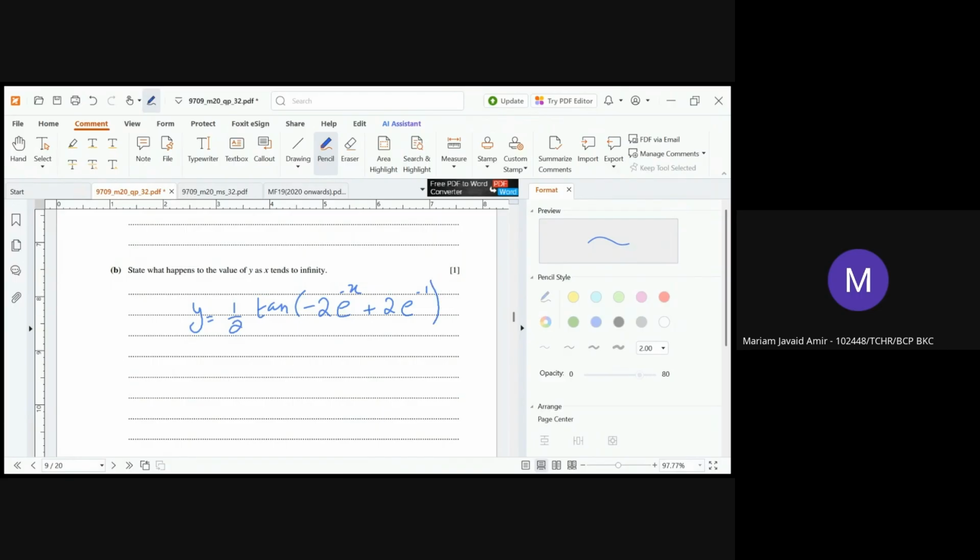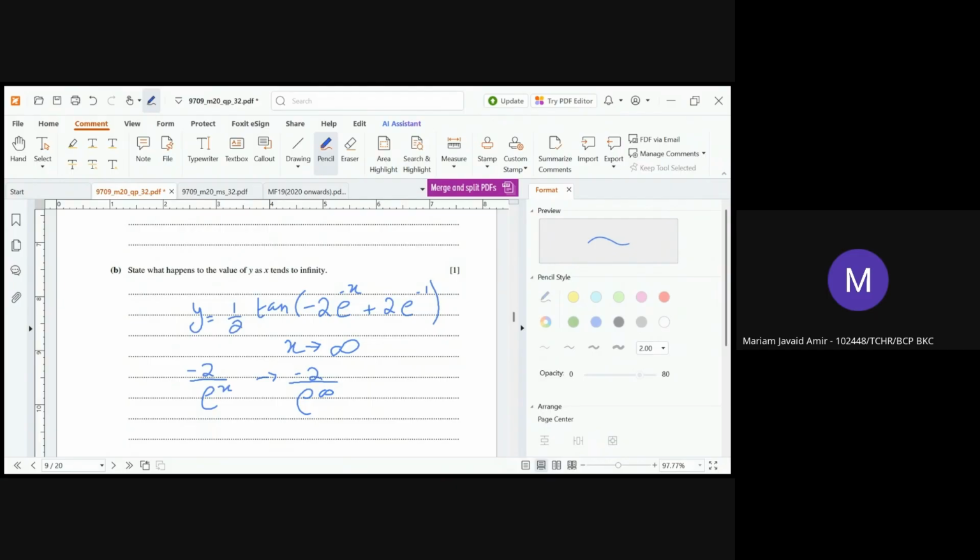Now they're saying x tends to infinity. So when x becomes very large, that affects this. So we have negative 2 upon, let me just take e power negative x to the denominator so that it becomes positive. This becomes negative 2 upon a very large value.